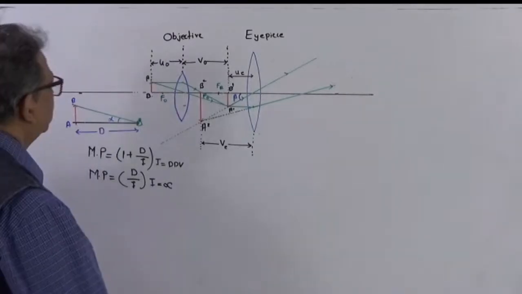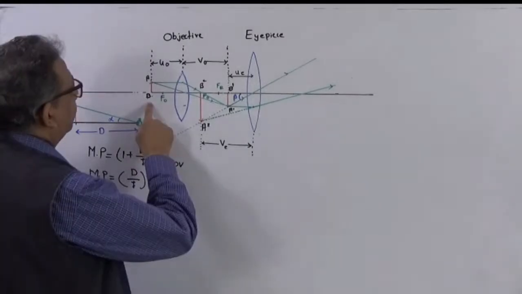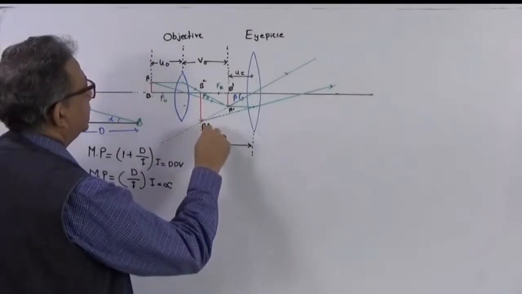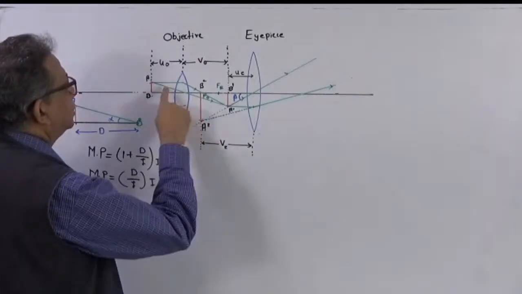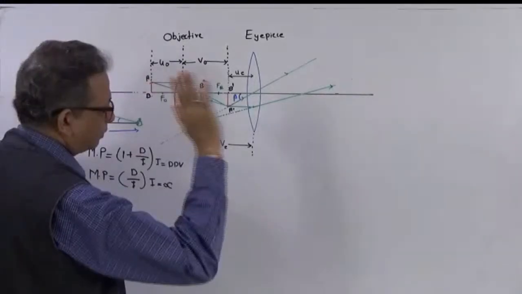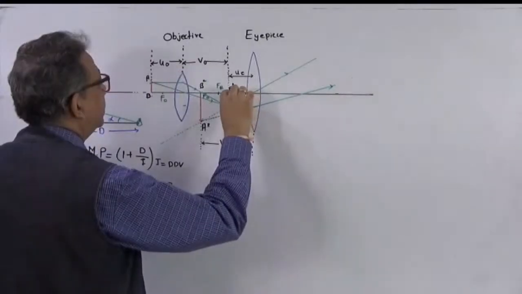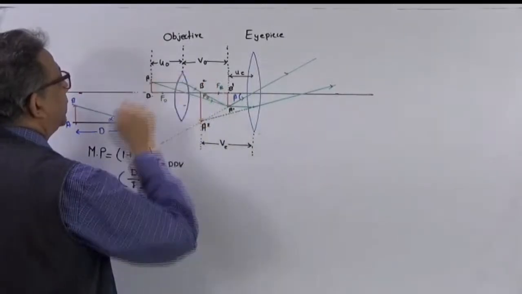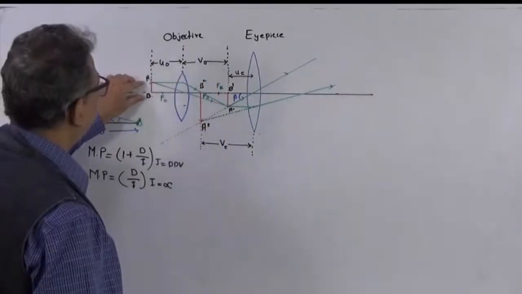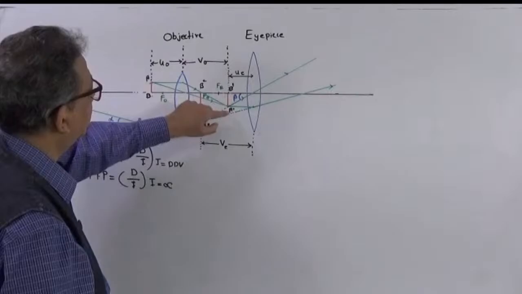Now this objective lens will form an image, A2, B2. Can you see this image? A2 and B2, I'm very sorry, A1 and B1 is the image which is formed by this objective lens. So AB is forming an inverted image A1, B1 on the opposite side.